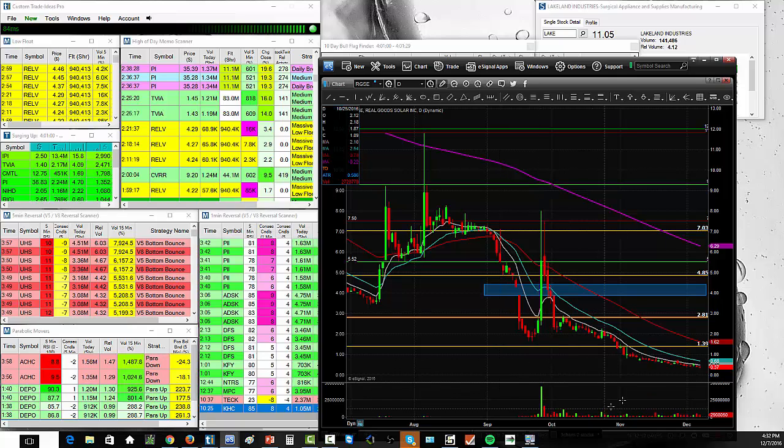Now, averaging up or averaging down, I avoid averaging down at all costs. If I'm in a bad position, whether it's a long position or a short position, I don't add more money to it, right? So if I got into a stock and I'm down $1,000, I have two options. One is that I sell and take the $1,000 loss. The other option is that I double my position.